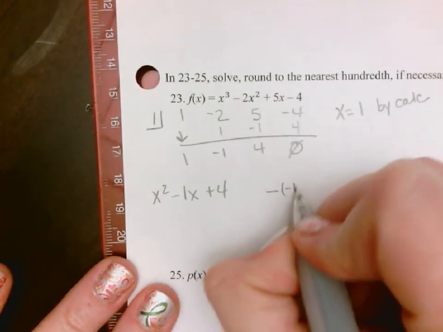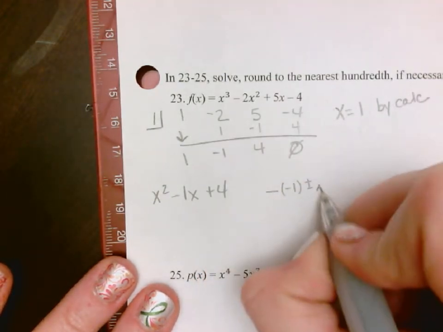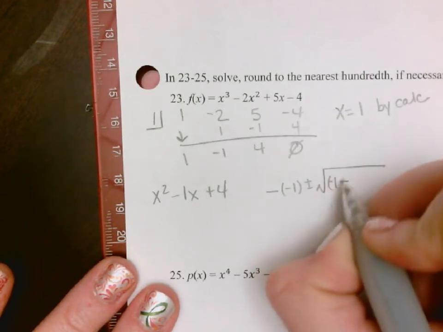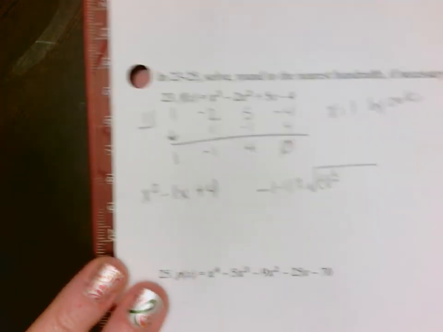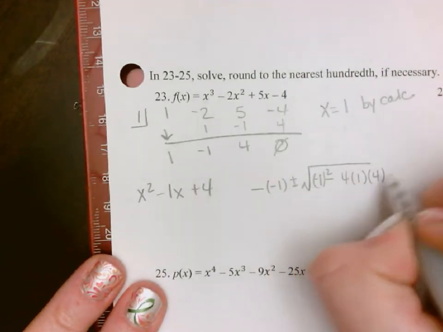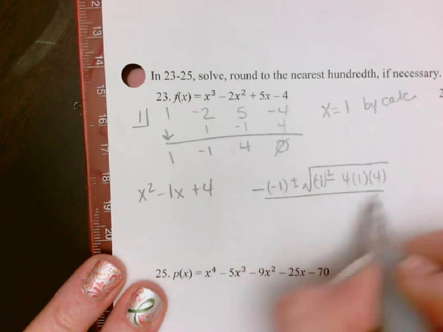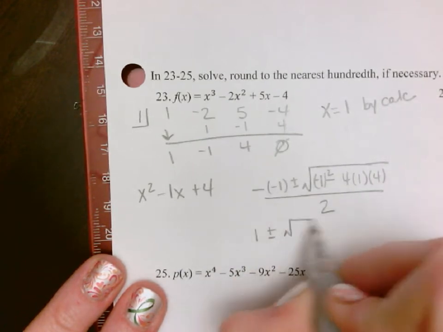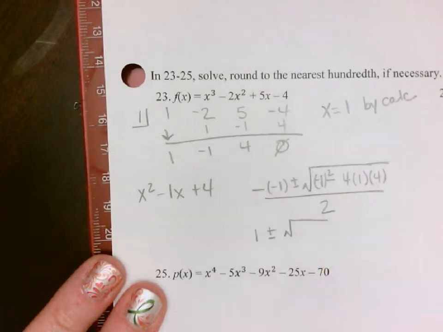Negative times negative 1 plus or minus the square root of 1 minus, we'll go negative 1 squared, minus 4 times 1 times 4, all divided by 2. So this is 1 plus or minus the square root of 1 minus 16. I'm going to assume, but I don't like assuming today because my math's not working, so same.